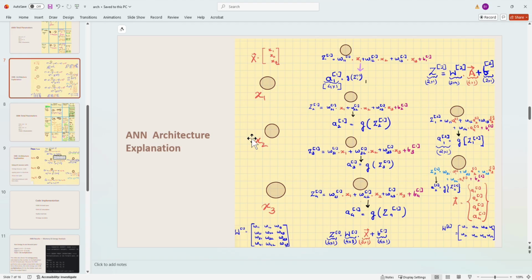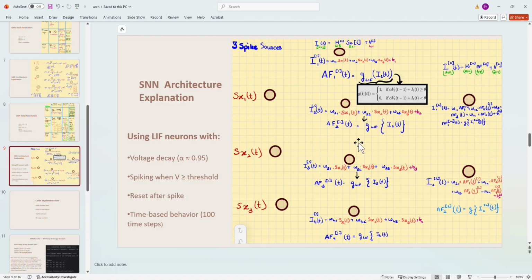For our SNN LIF simulation, the SNN is completely different because it works over time. In our case, we have 100 time steps. Each neuron updates voltage and checks for spikes using our LIF equation.